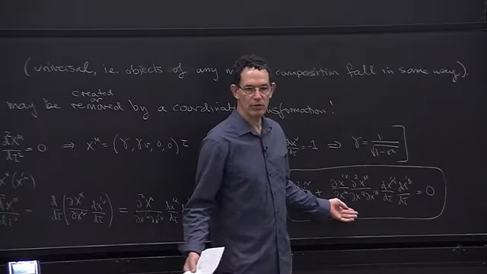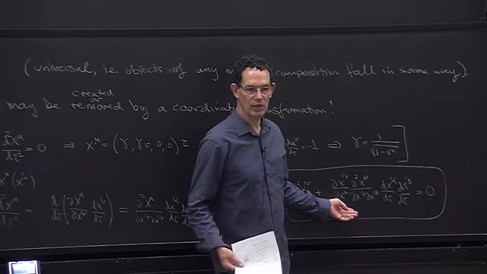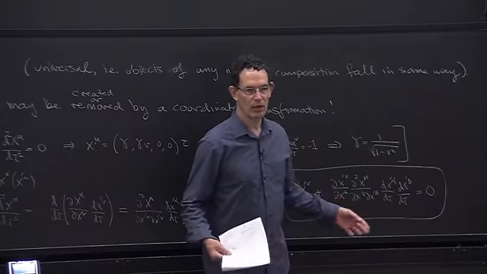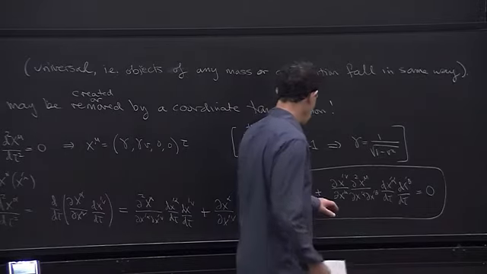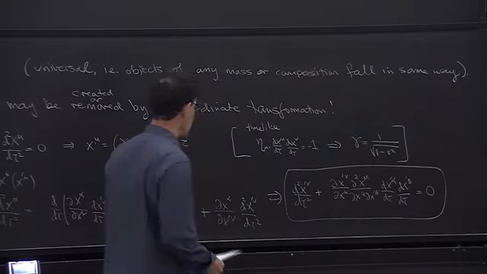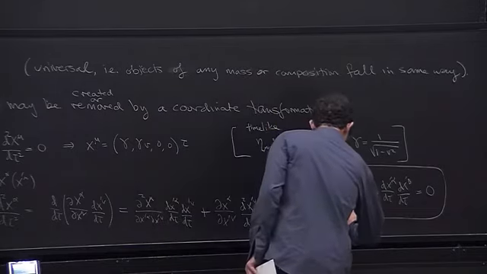Suddenly I've just created a force by a coordinate transformation, just like the Coriolis force or the other fictitious forces, the centripetal force in classical mechanics. So this is the fictitious force.